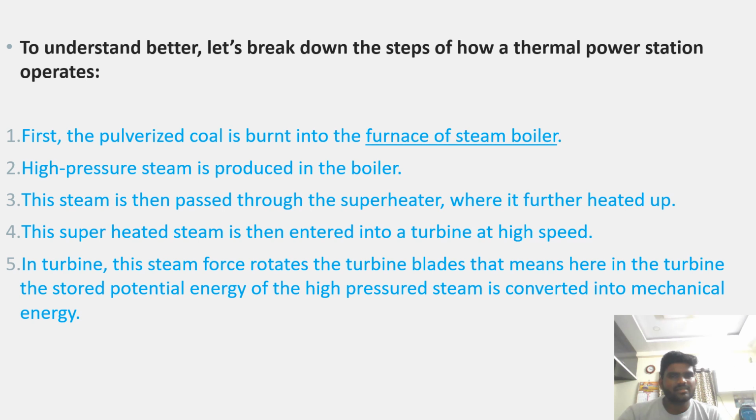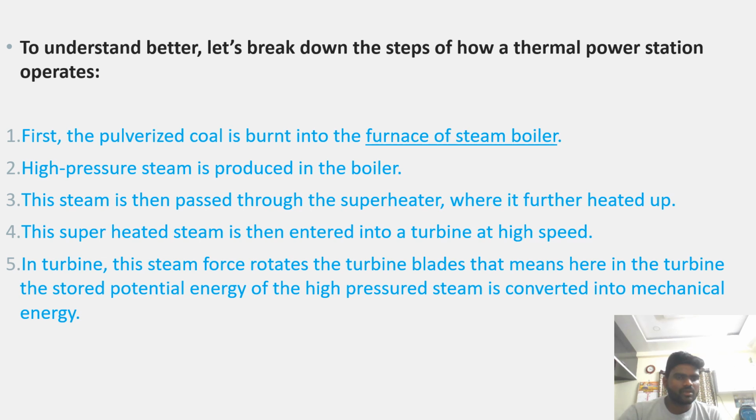To understand better, let's break down the steps of how the thermal power system operates. Let's begin with step one: the pulverized coal is burned in the furnace of the steam boiler. Step two: the high pressure steam is produced in the boiler. Step three: the steam is then passed through the superheater, where it is further heated up.